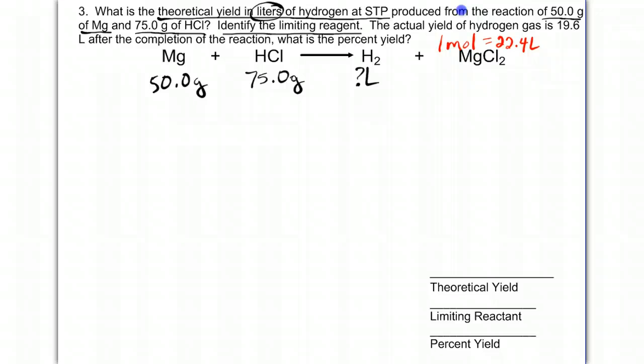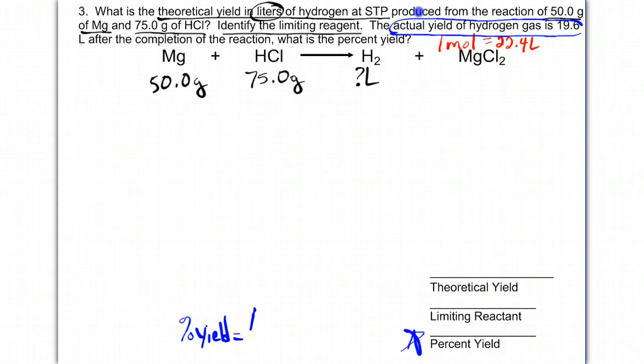And we've been given an actual yield of hydrogen gas to be 19.6 liters, and the actual yield will be used with the percent yield, which is percent yield equals the actual yield divided by the theoretical yield times 100. So we're going to save that 19.6 liters for later when we determine what is our percent yield.